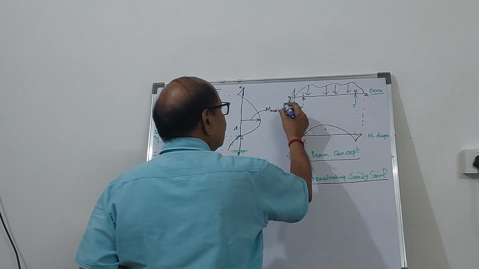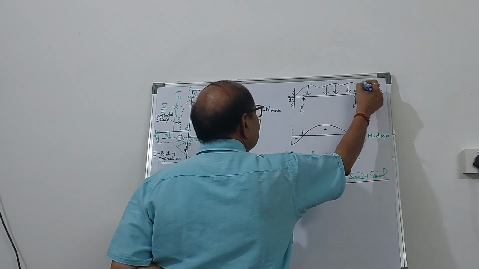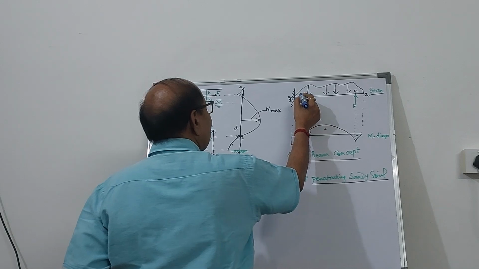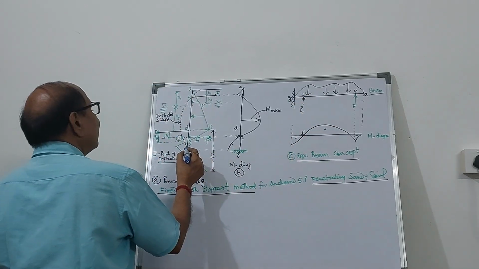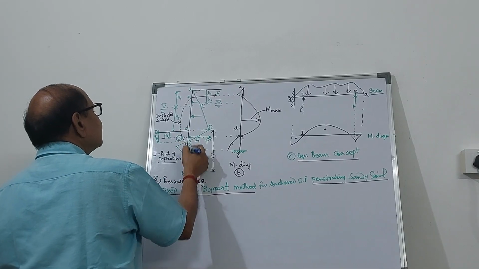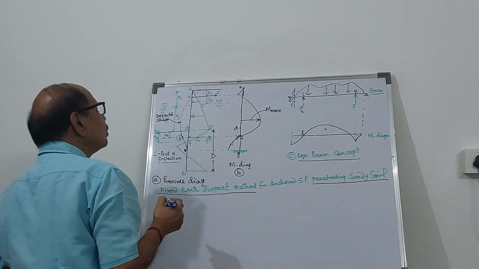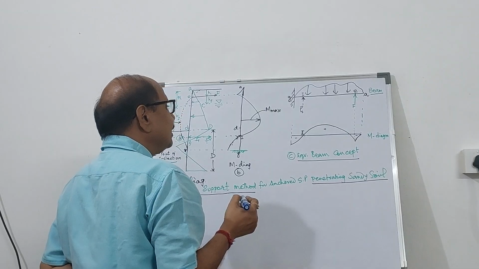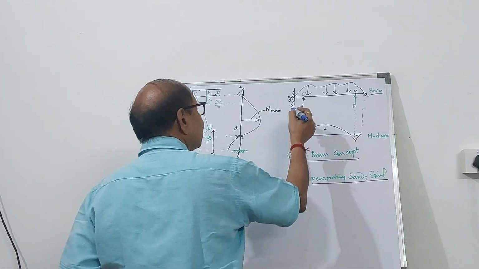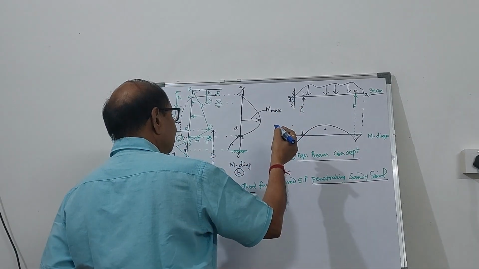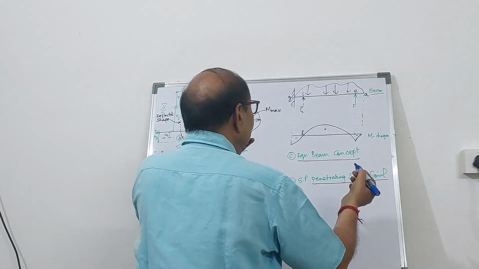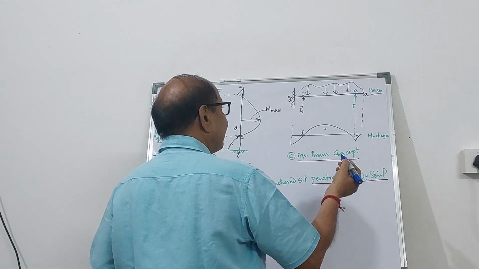So this is the beam you can consider, and if this is the kind of loading over the beam, I is the point of inflection. Point of inflection means from sagging it is going to be hogging. So the point where it changes from sagging to hogging or hogging to sagging is called the point of inflection. And the bending moment is also going to change accordingly, which is called the point of contraflexion.